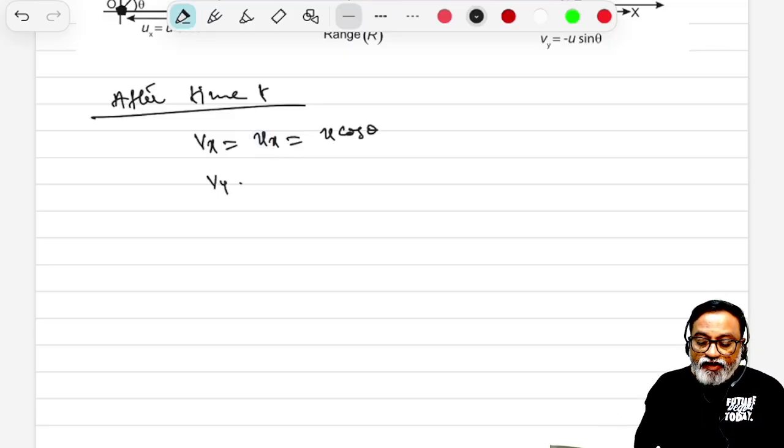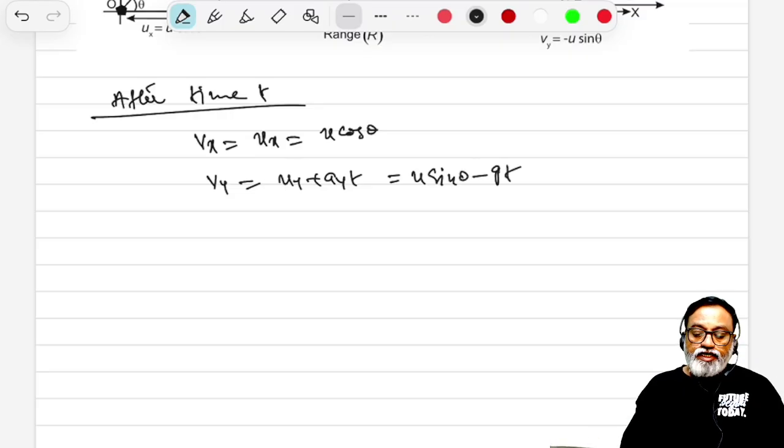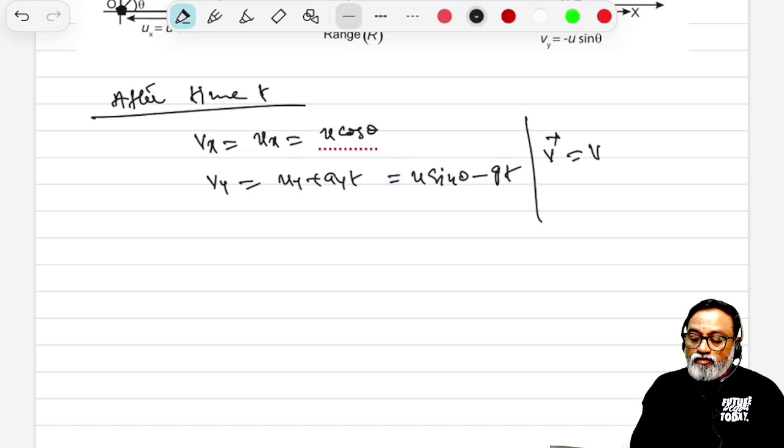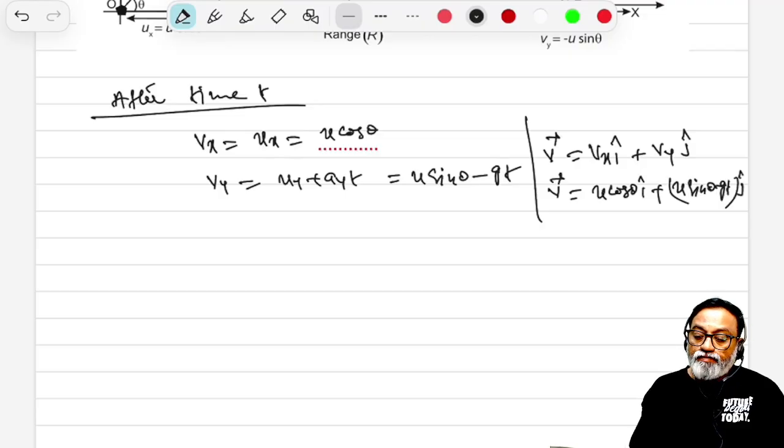And Vy is equal to Uy plus Ay into t, Uy means U sin theta, minus Gt. Therefore, in horizontal direction Vx and Vy. Therefore, V bar is equal to Vx i cap plus Vy j cap, velocity vector after t seconds. Therefore, V bar is equal to U cos theta i cap plus (U sin theta minus Gt) j cap.